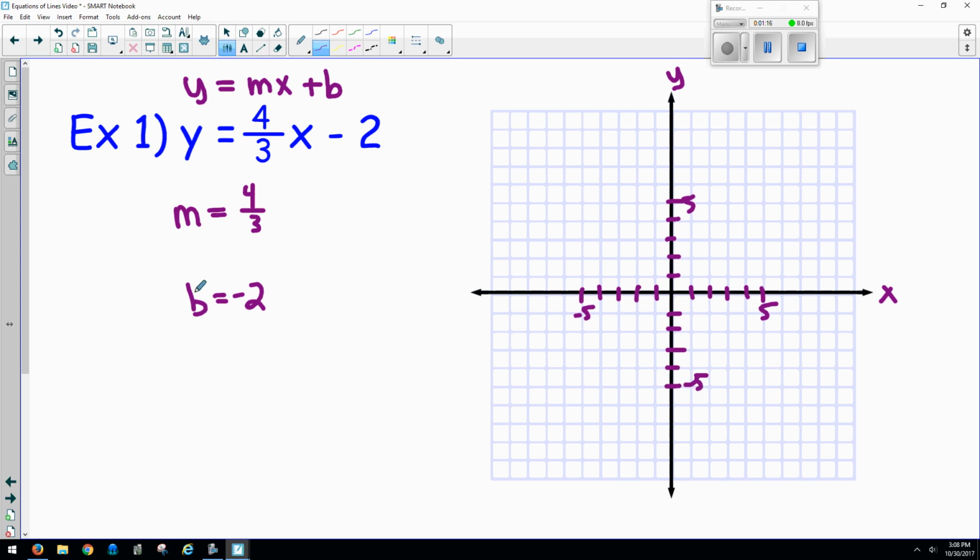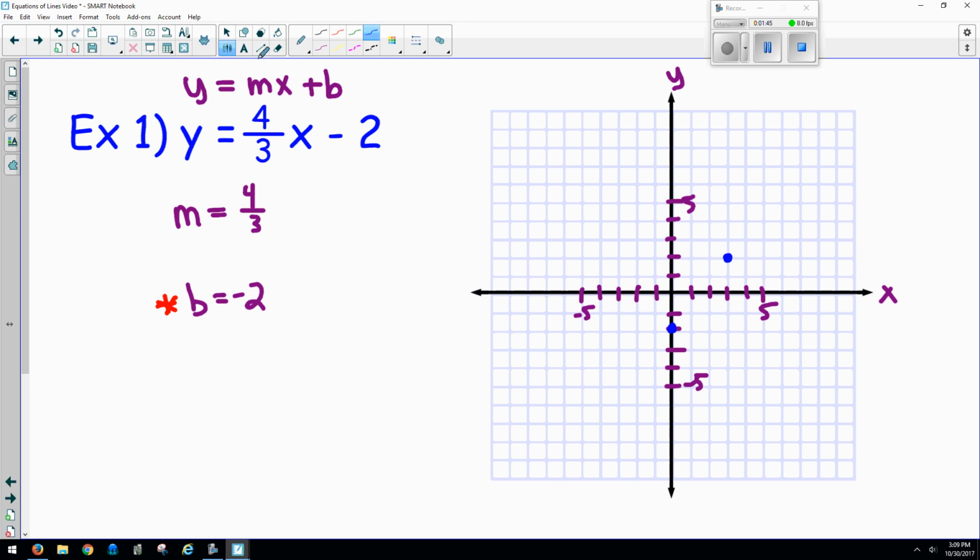We're going to always start with b, the y-intercept. So I'm going to plot this point at -2. That's where it crosses the y-axis. And then I'm going to use the slope as directions to get to the next point. So I'm going to go up 4, 1, 2, 3, 4, and over to the right 3, 1, 2, 3.